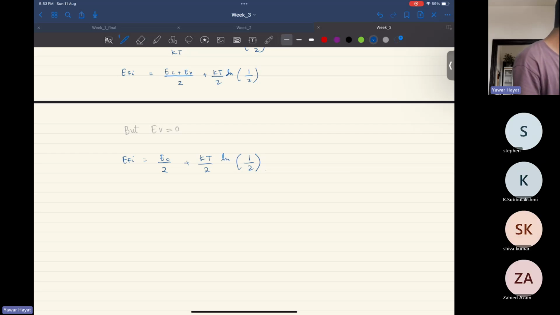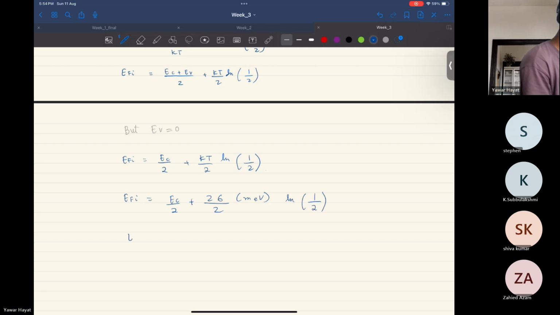Let me plug in the values now. Your EFi would be equal to EC by 2 plus KT, at room temperature, is 26 milli electron volt, right? So this is 26 milli electron volt whole divided by 2, and then ln of 1 over 2, right?